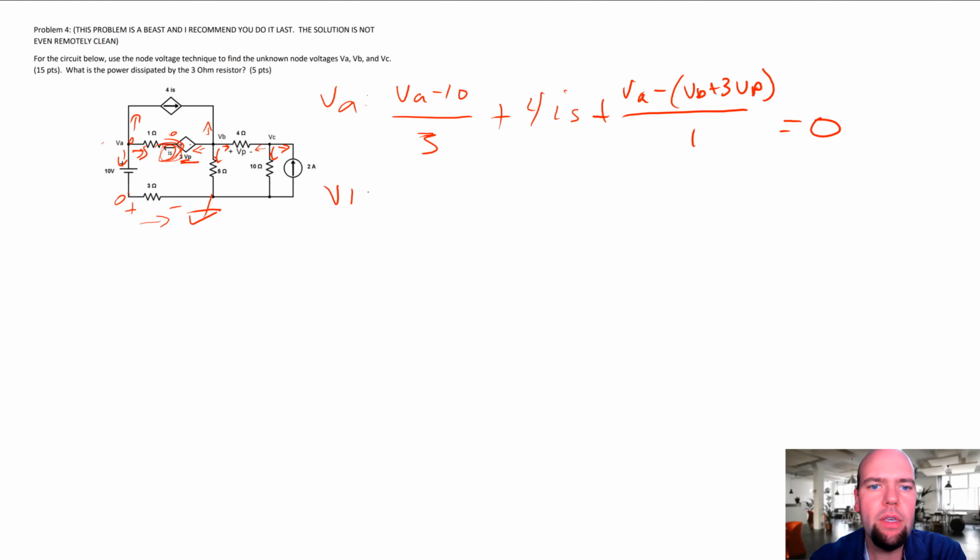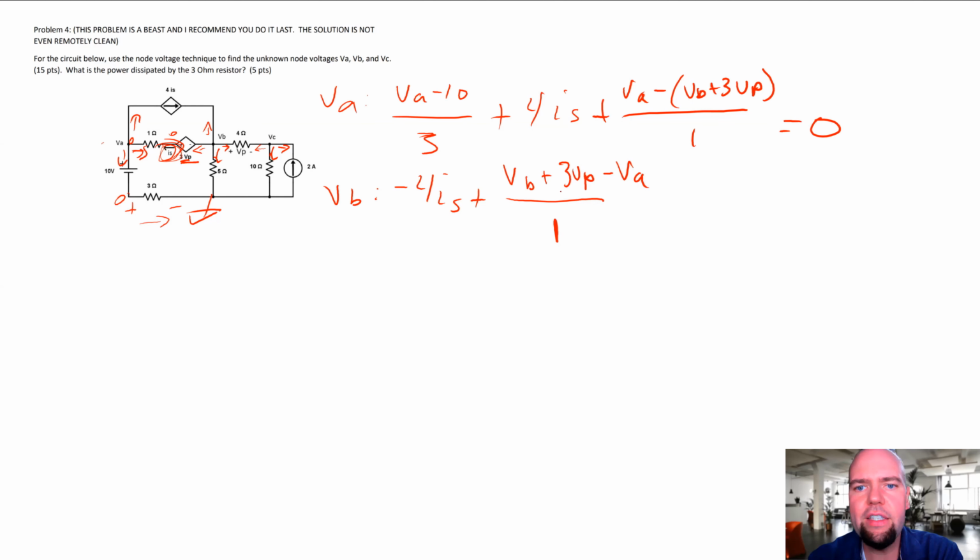So at VB we got negative 4IS plus, now we got the current going the other way. Again, we could write it as IS, or we could just write it as VB plus 3VP minus VA, divided by 1.